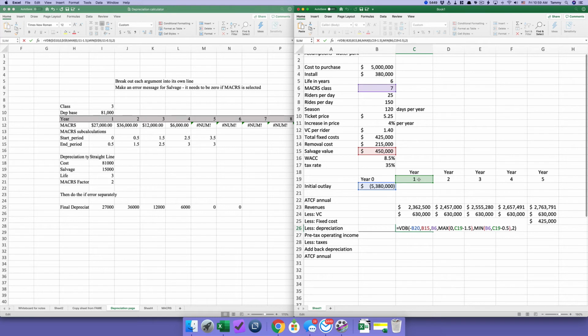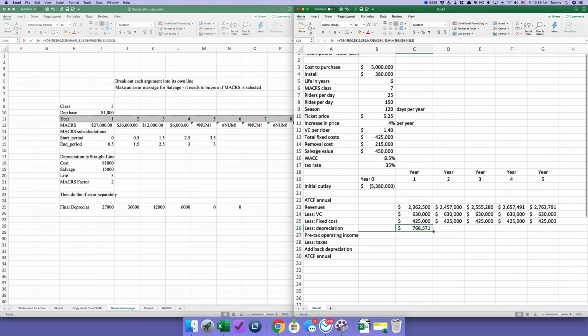So everything where we don't see C19 has got to be an absolute cell reference. So we'll put our dollar signs in front of the B's. And I think that should do it.